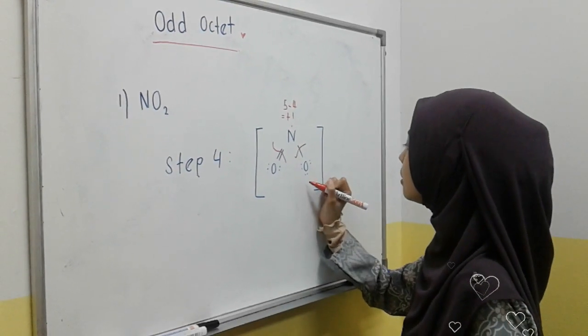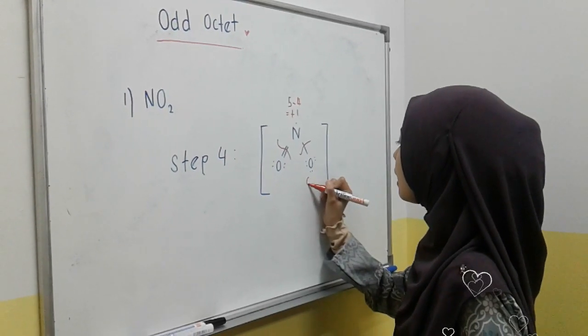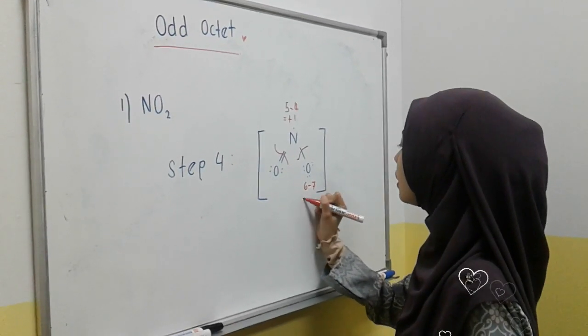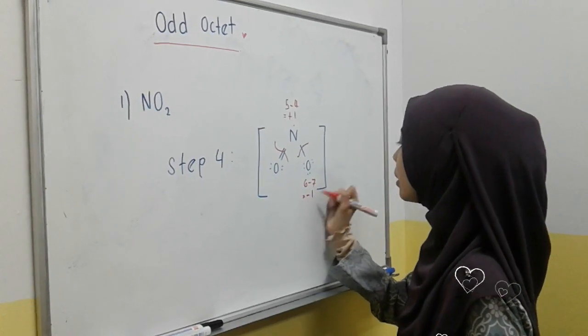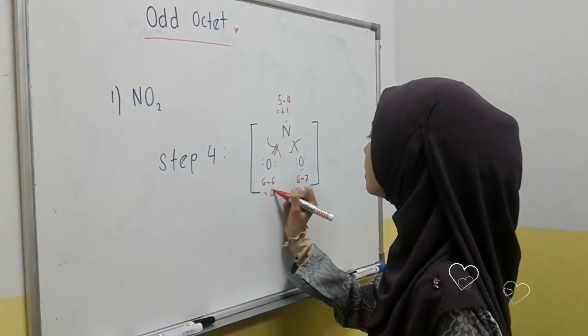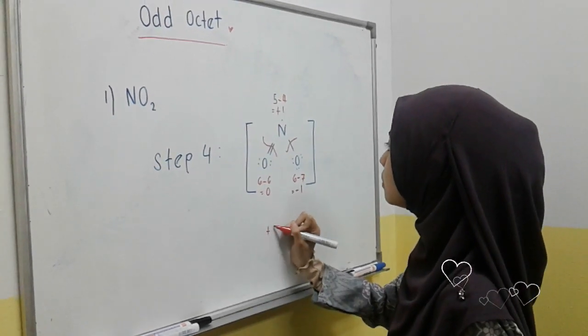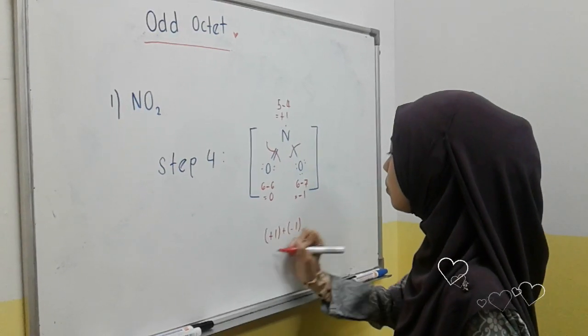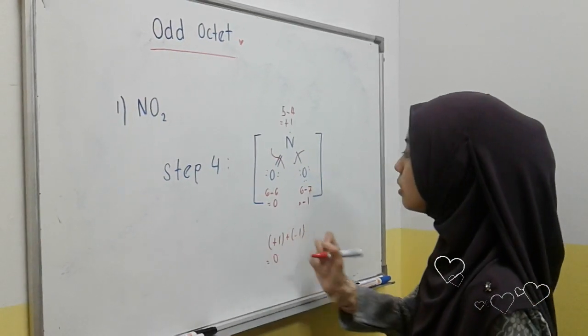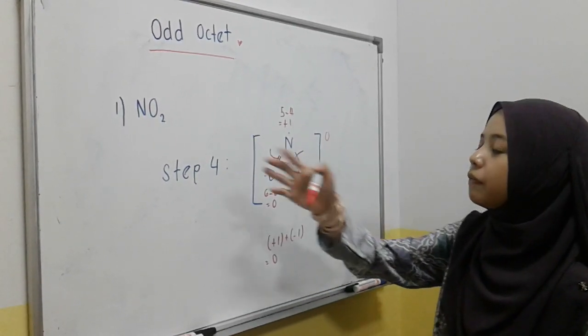For oxygen, it has 1, 2, 3, 4, 5, 6, 7. 6 minus 7, we get minus 1, and this is 0. So if we calculate all the formal charges, +1 and -1, we get 0. So the formal charge for this compound is 0, same with this compound.